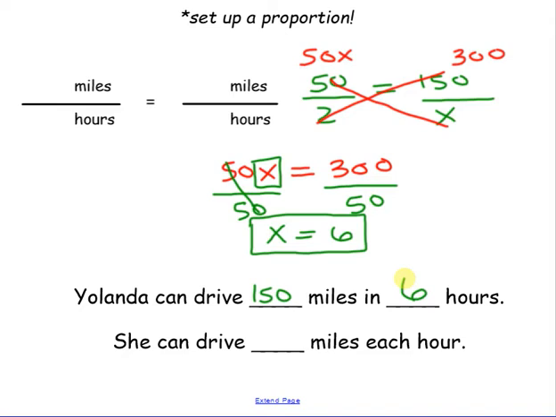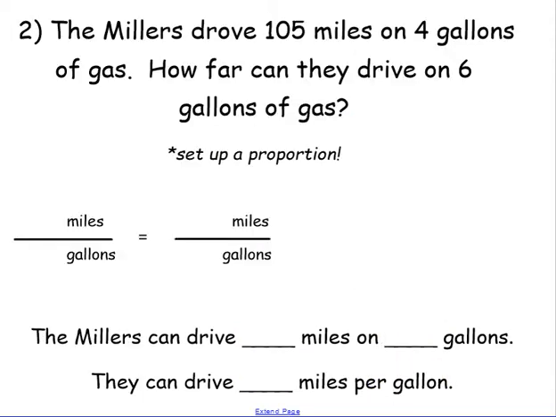You'll have to find the unit rate, but you can use the first proportion to find the unit rate, or you can use the second one. I'm going to just use the second one since we already have the information over here. So in your calculator, you're going to do 150 divided by 6, and that's going to give you 25 miles per 1 hour. Let's look at another example.